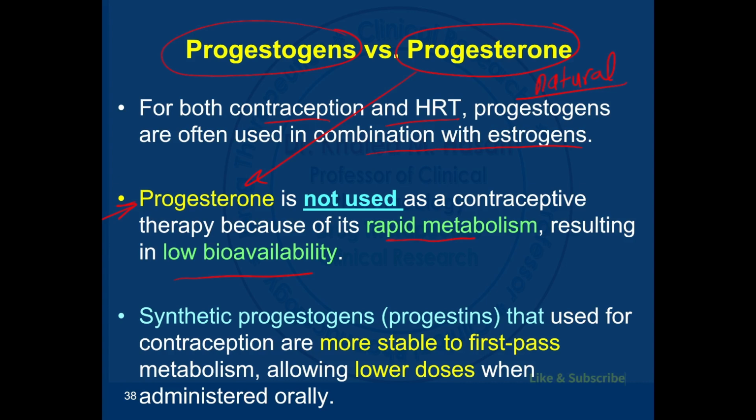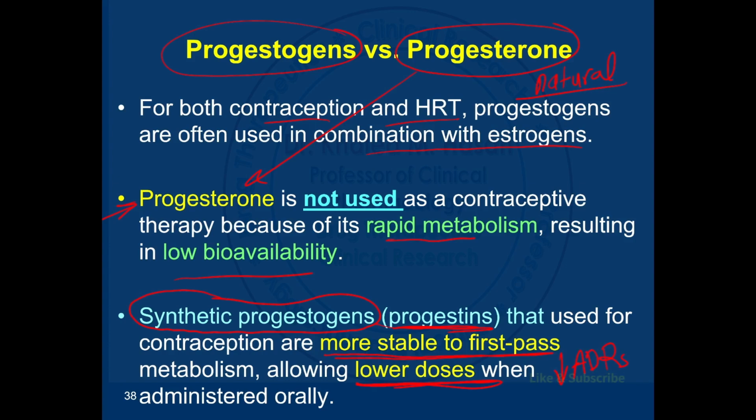What we use in practice is synthetic progestins. Synthetic progestins are used because they are more stable to first pass metabolism and need lower doses, which means less adverse drug reaction or side effect.